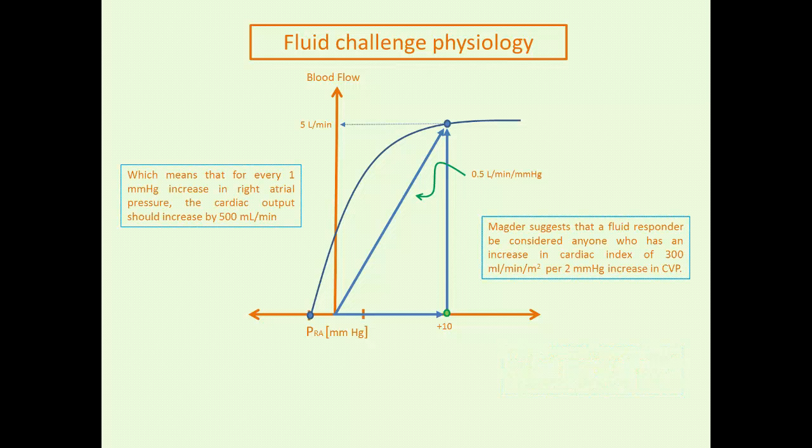And in Sheldon Magder's studies, he uses an increase in cardiac output of 300 cc's per minute per meter squared per 2 millimeter of mercury increase in CVP, and 300 is chosen because that's basically how reliable a PA catheter can be in terms of making repeated accurate measurements.